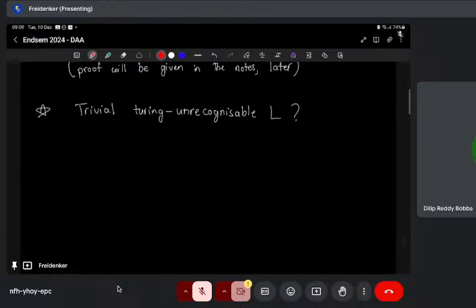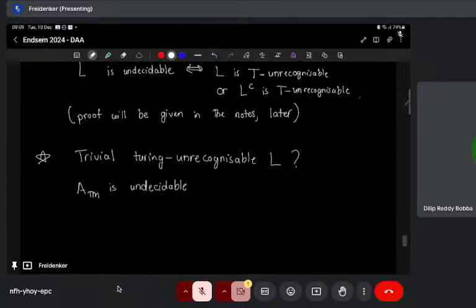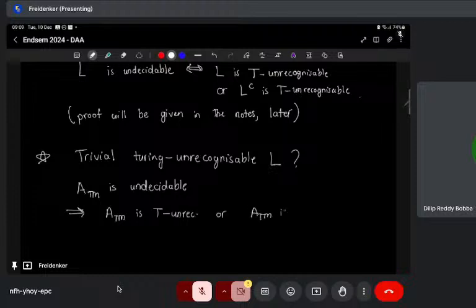Okay, the answer goes like this. We know that the acceptance problem of Turing machine is undecidable. So if I use this property here, this would mean ATM is Turing unrecognizable, or ATM complement is Turing unrecognizable.